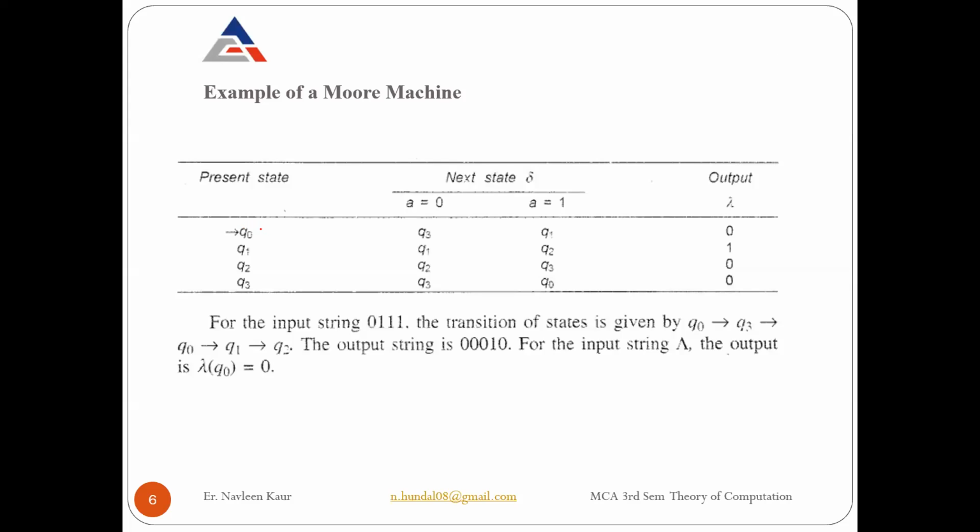Let me repeat it again, Mealy machine is where the output is only dependent on the current state. So this is your current state Q, and this is the output.